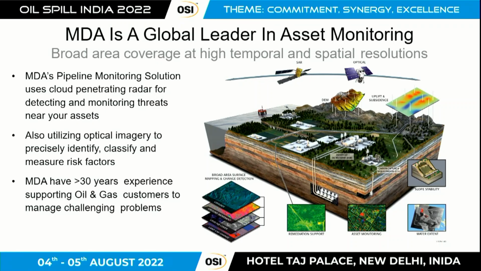It doesn't take the land shifting very much to affect pipelines and cause concern. So we can identify the changes very early so that action can be taken before a pipeline ruptures. And then MDA has a lot of years of supplying these type of projects. We also use optical imagery in conjunction with SAR imagery to get the most use out of all of the data.